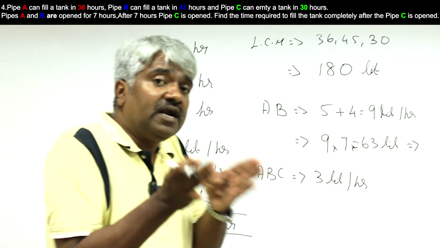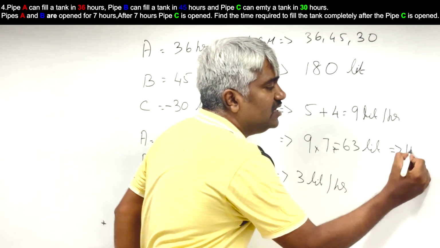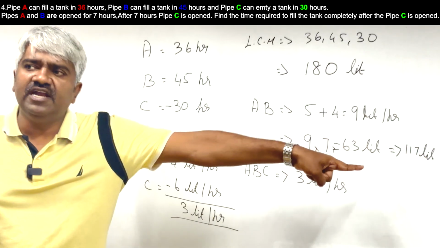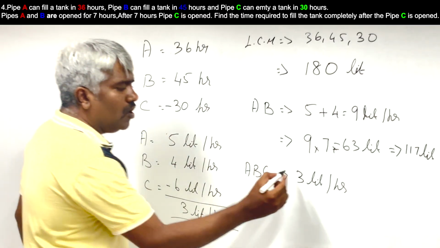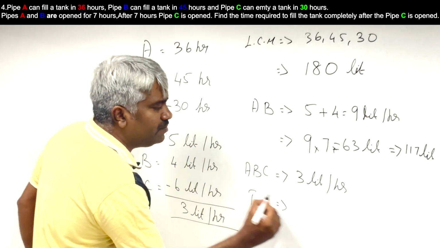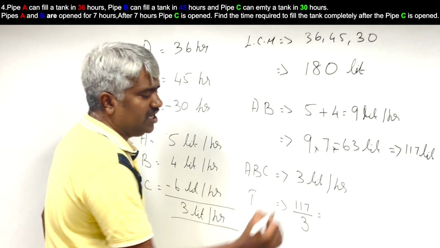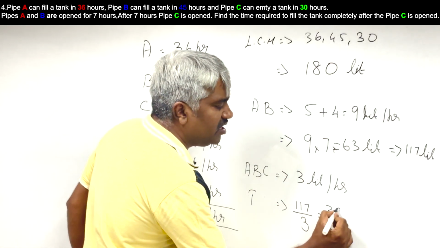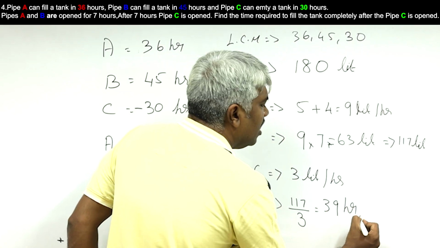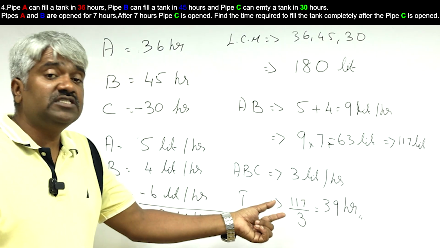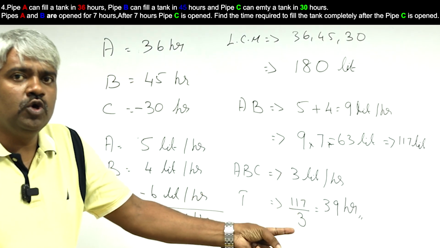So, the empty part of the tank is 117 liters. Now, this 117 liters will be filled by all the 3 pipes. So, time required is 117 by 3. What is 117 by 3? Which is 39 hours. So, when pipe C is open, it requires 39 more hours to completely fill the tank.